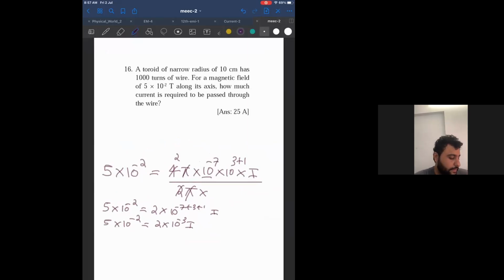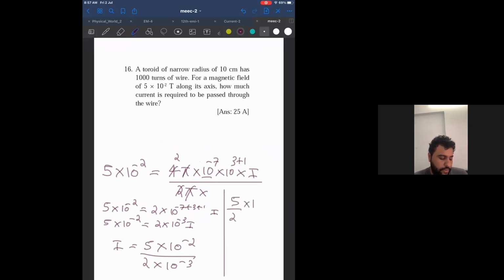So look at this. I'll keep I on one side. I'll keep other things on the other side. Therefore, it will become 5 into 10 power minus 2 divided by 2 into 10 power minus 3. Correct? Now, 5 by 2 as it is into 10 power minus 2 plus 3.